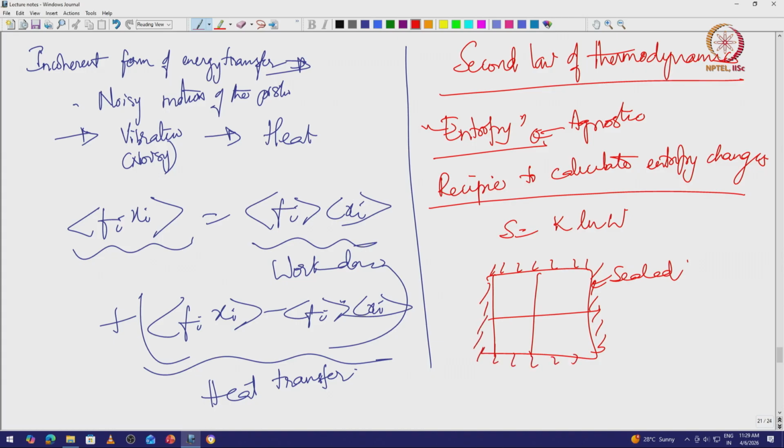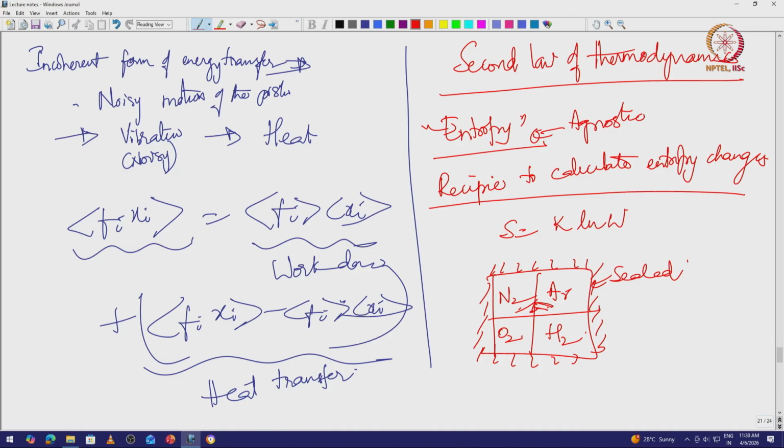This is an isolated system, and in this system I have nitrogen, I have argon, I have oxygen, I have, what is the other gas that we said, let us say hydrogen. Okay, so I have hydrogen, right. Now I am going to take a hammer and I am going to unseal this, right. So I am going to just make a dent here, right.